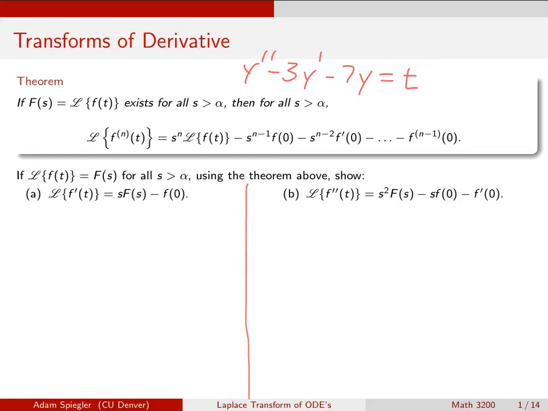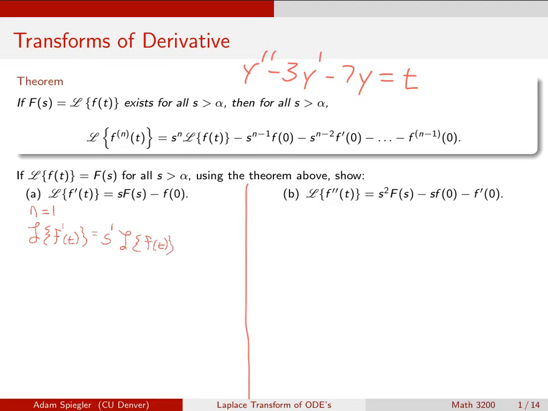In this case, our value for n is equal to 1 since we only have a first derivative. So up top, what we're looking at is the Laplace transform of the first derivative of this function. Using this result, it would be s to the n, which in our case is s to the first power, multiplied by the Laplace transform of the function f itself.